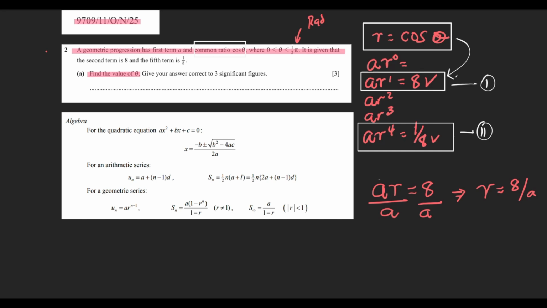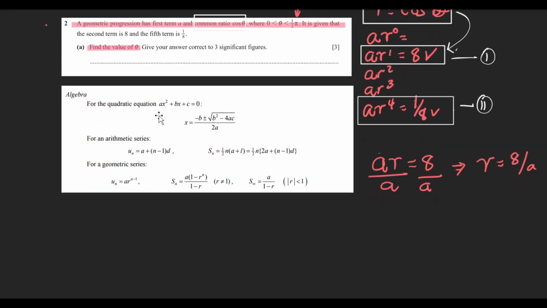From equation 2, I know that AR to power 4 is equal to 1 over 8. Since R is 8 over A, I have A times 8 over A to power 4 is equal to 1 over 8.